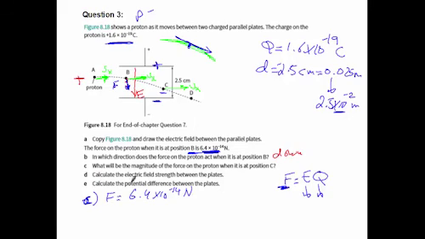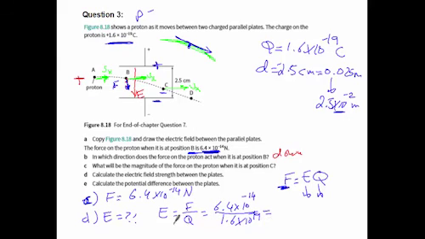For part D, calculate the electric field strength between the plates. So we are asked to calculate E. We know that E equals F divided by Q, and we have our F, 6.4 times 10 to the minus 14, the electric force at any point inside, and our Q is the charge of the proton, 1.6 times 10 to the minus 19.